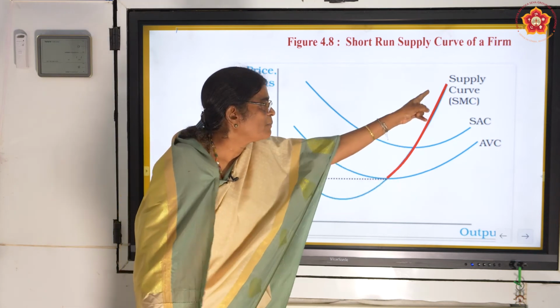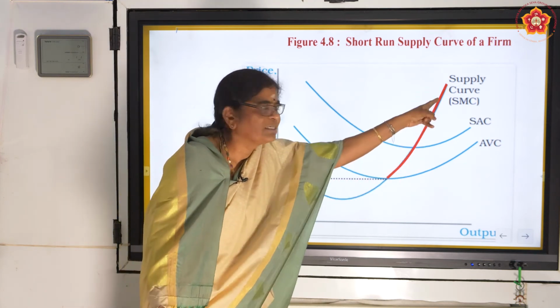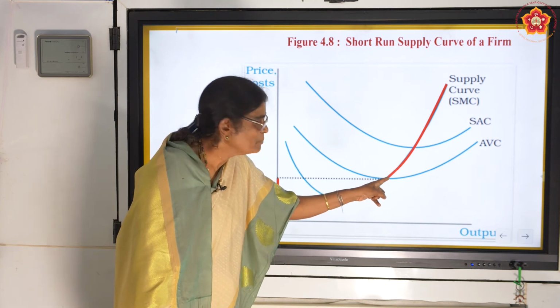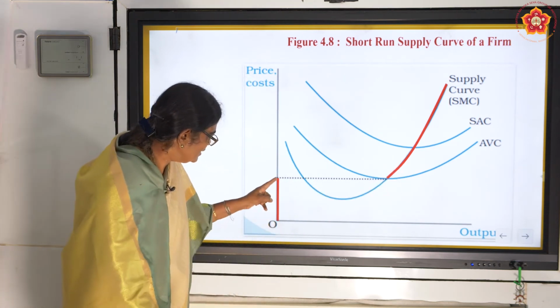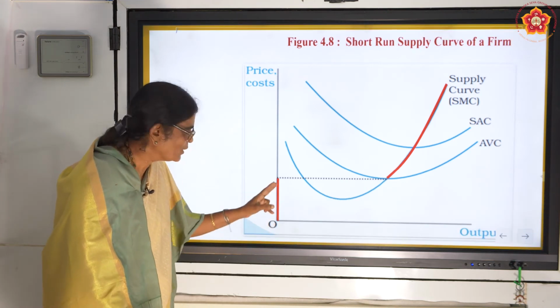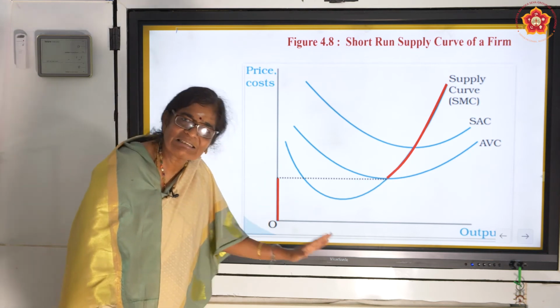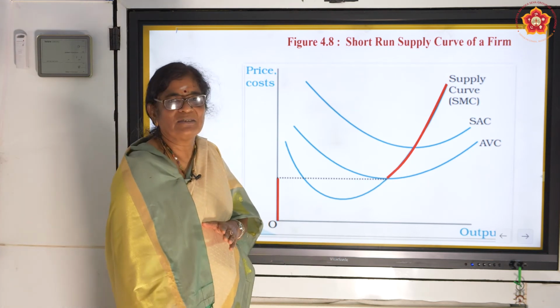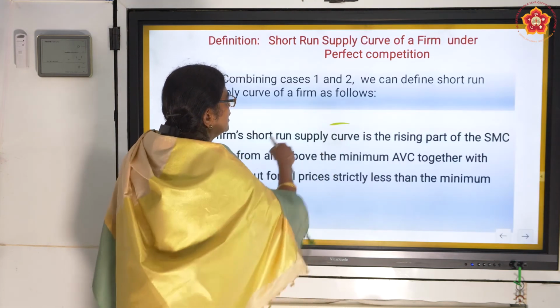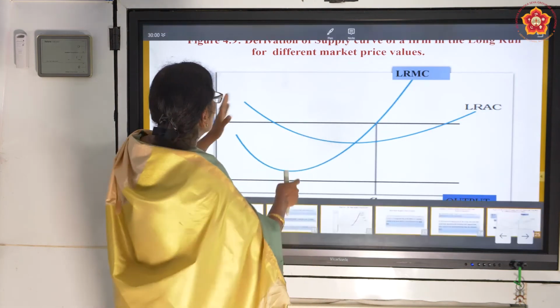The supply curve is nothing but a part of the SMC curve rising from and above the minimum AVC, together with the zero output for all prices, this is the P2 price, strictly less than the minimum AVC. That's it. Next we will see how to derive the long run supply curve.